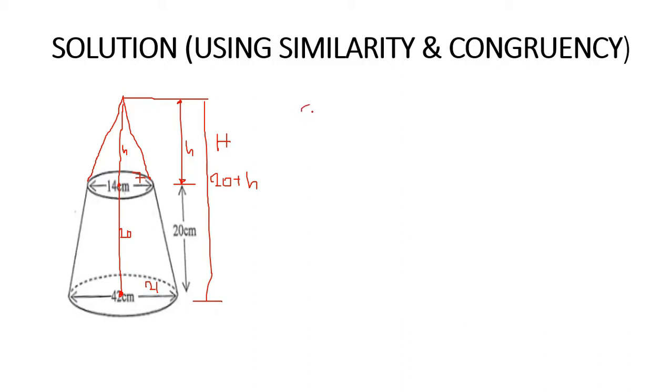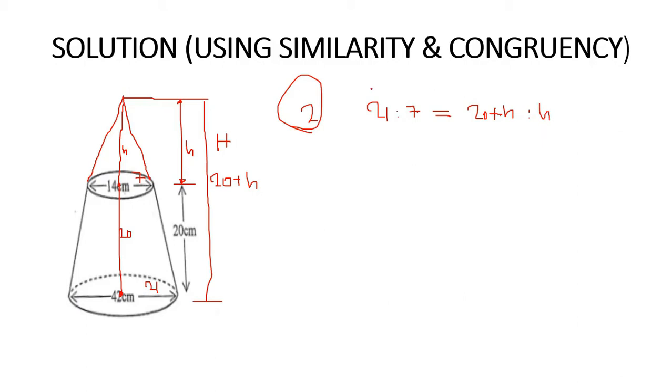We are going to say 21 to 7, it's a ratio, should be equal to 20 plus h to h.